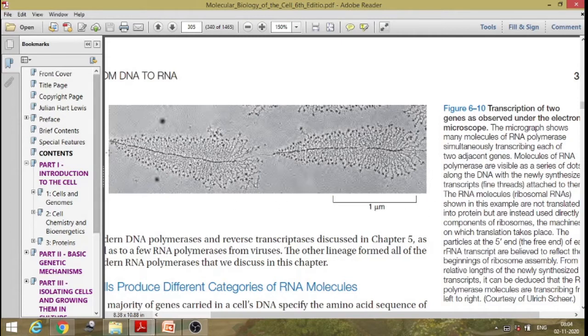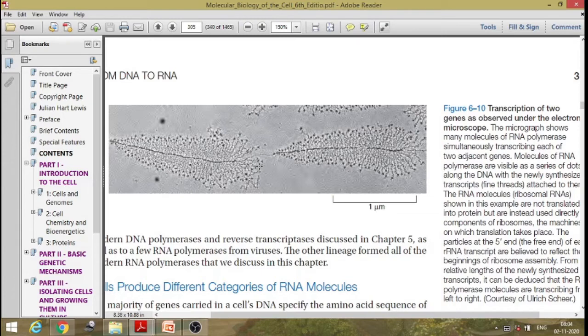As you can see, in the left side, the transcripts, the RNA molecules are smaller in size, and as you go further towards the right, you see the longer RNA threads, the longer transcripts, and at the end of the gene, you see the longest RNA transcripts.